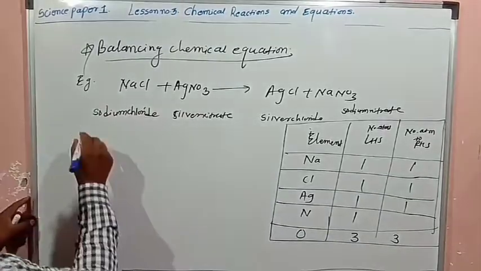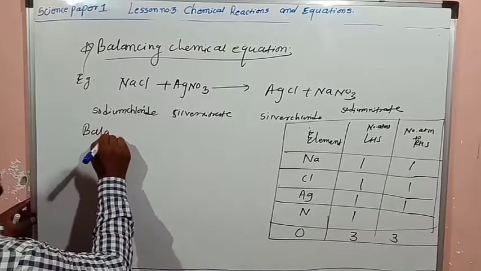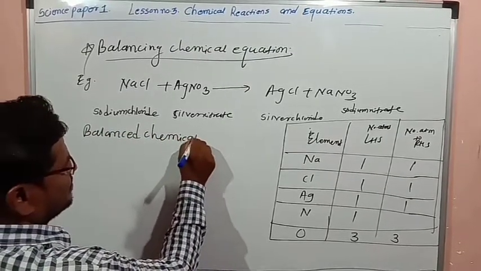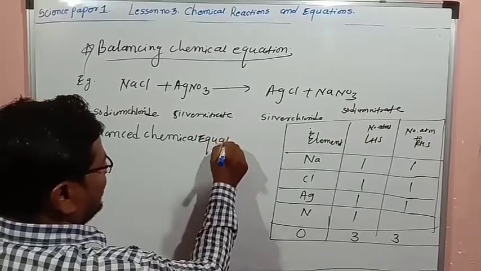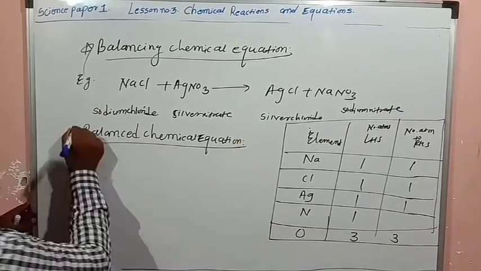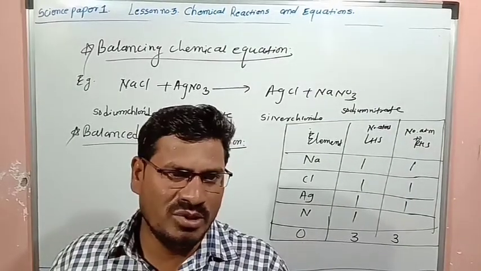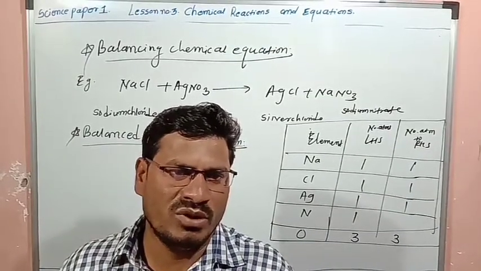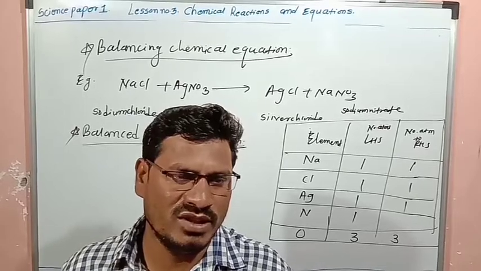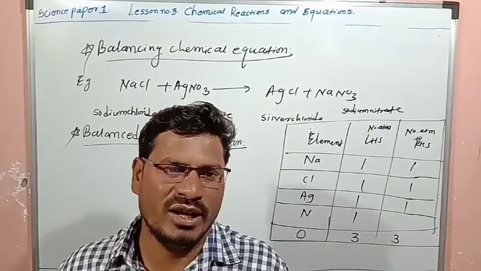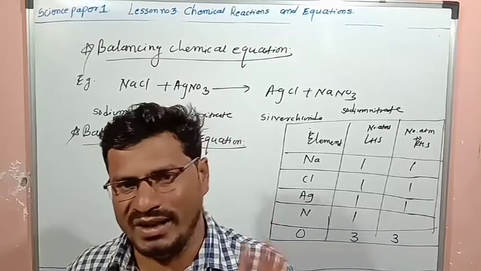So next term is balanced chemical equation. What do you mean by balanced chemical equation? It is the chemical equation in which the number of atoms of each element to the LHS is equal to the number of atoms of each element to the RHS.